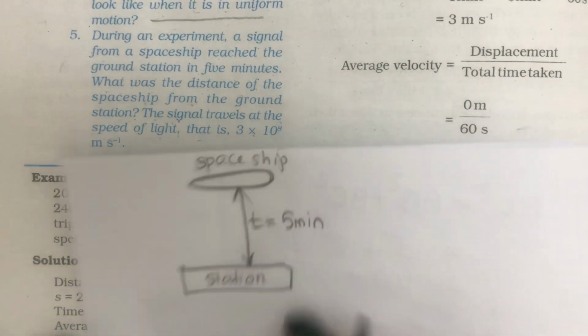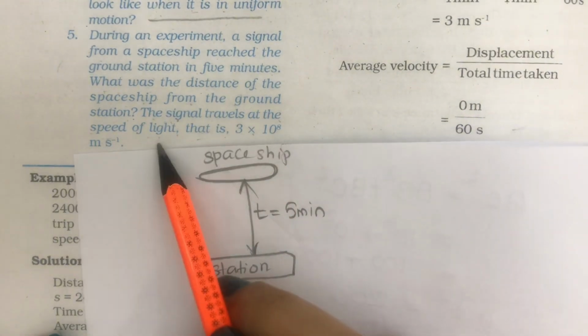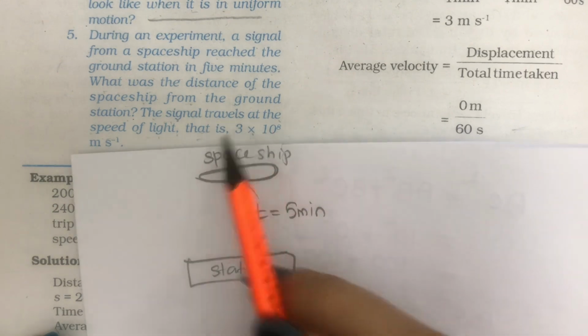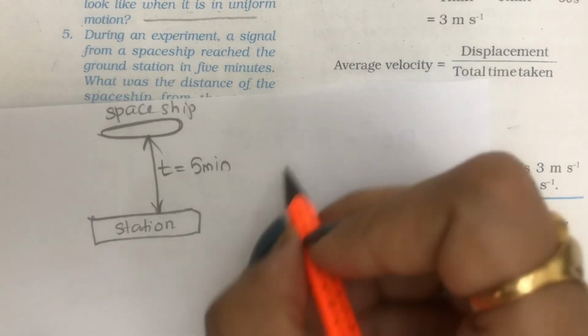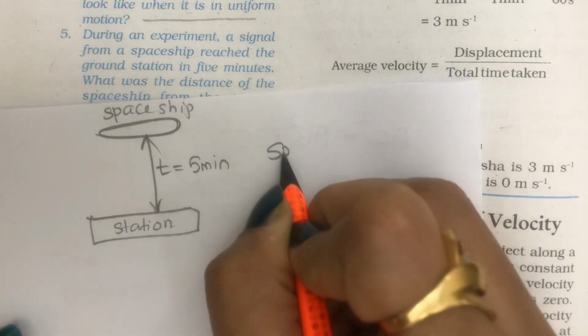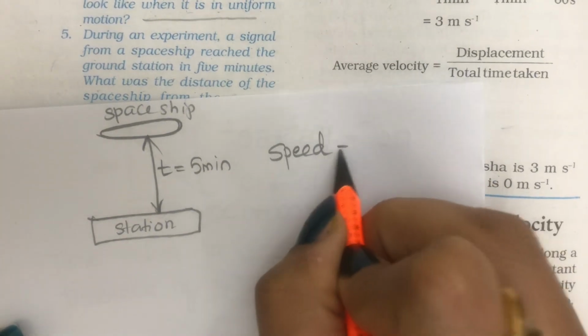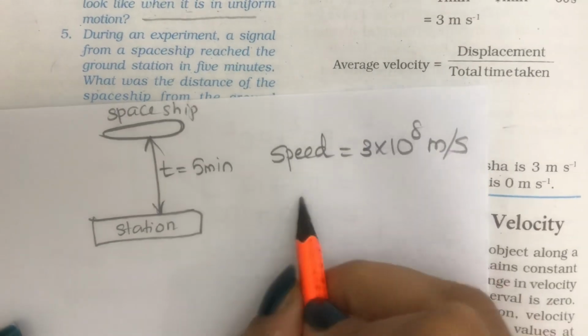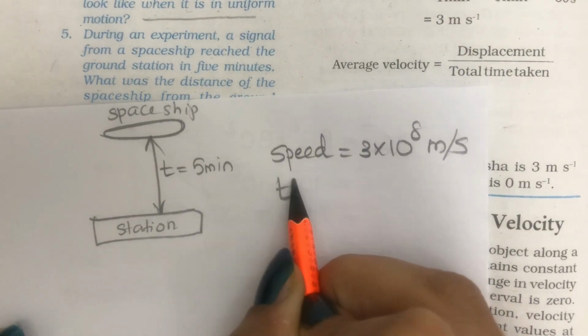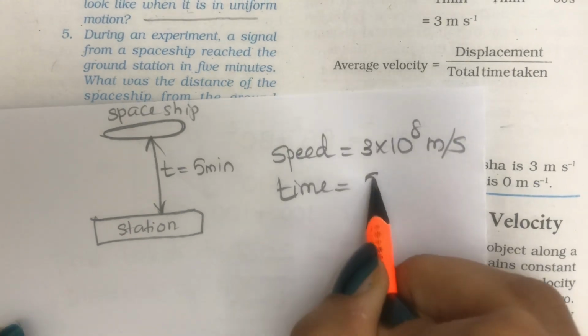And also the signal travels at the speed of light, that is 3 into 10 raised to 8 meter per second. So we have speed, given as 3 into 10 raised to 8 meter per second. Also we have time, which is equal to 5 minutes.